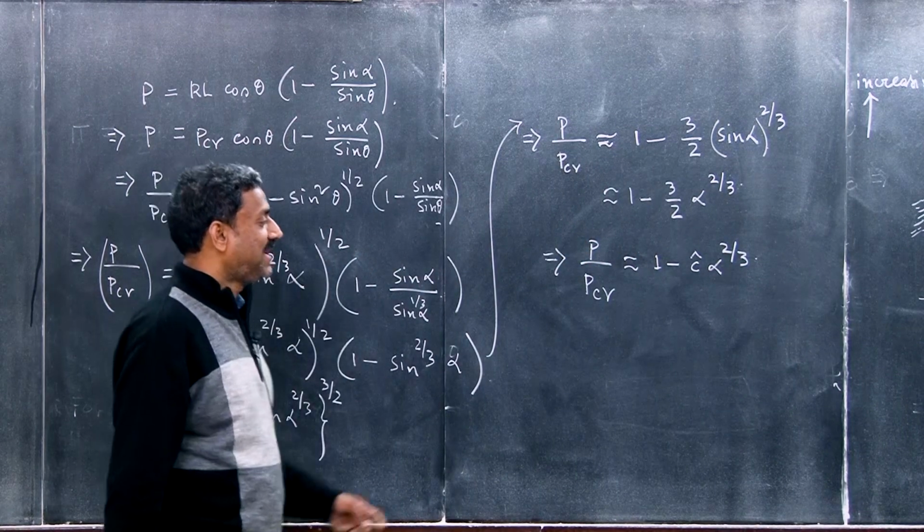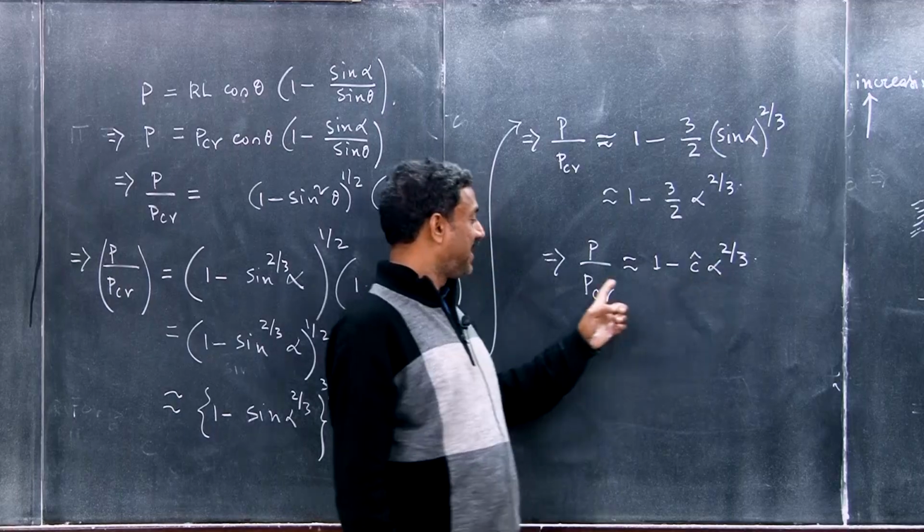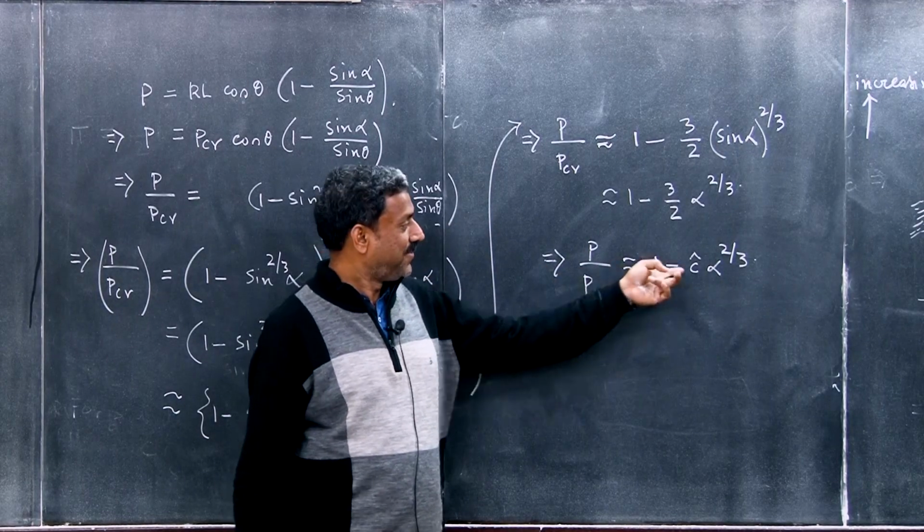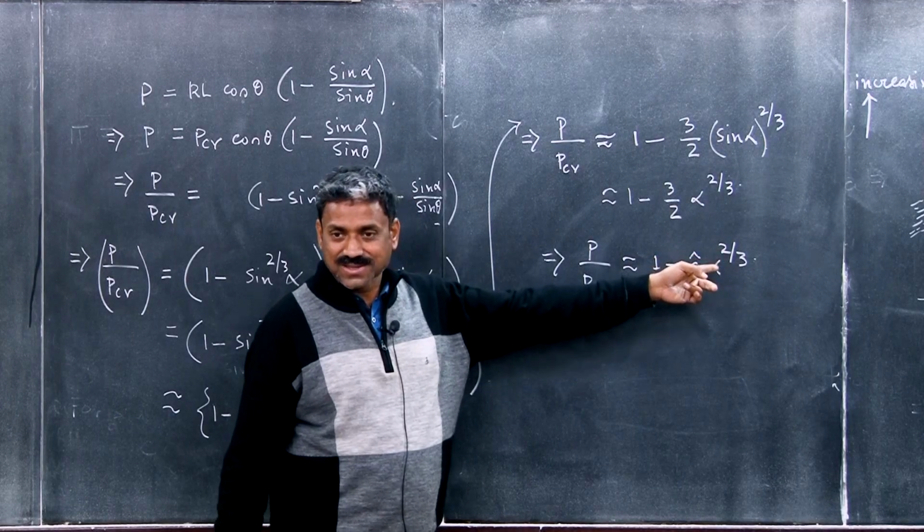So what we see is that as imperfection increases, the load carrying capacity will decrease. A 1 minus 2/3 power law is coming. Do you see that?